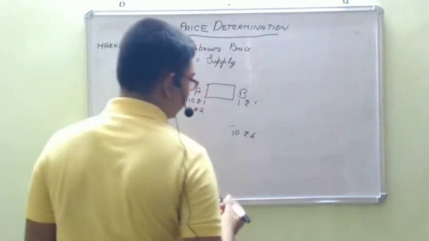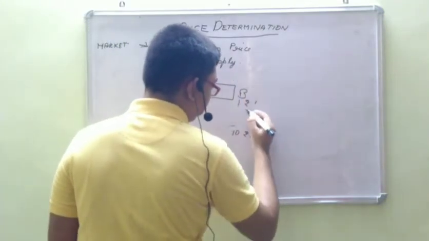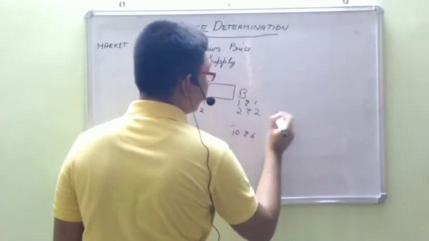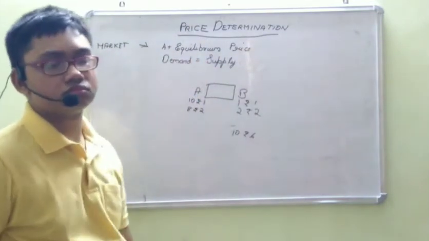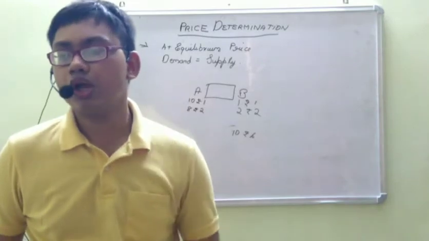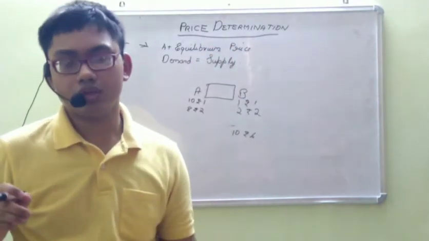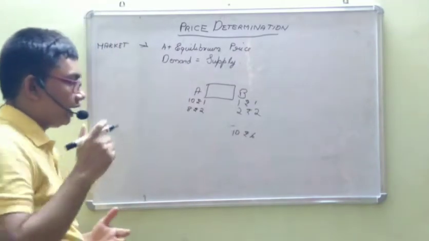The seller says, "I will give you only 2 units at rupees 2." That's also done. Then they will go again.